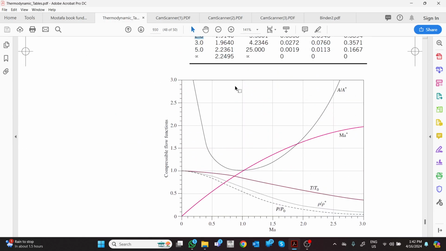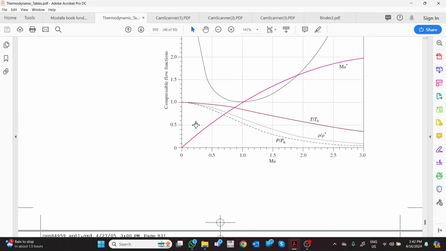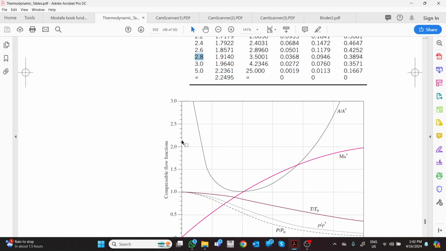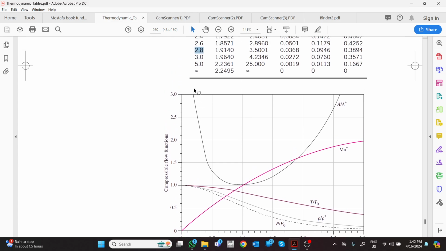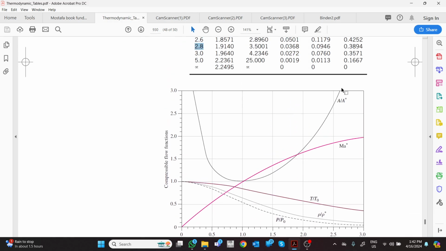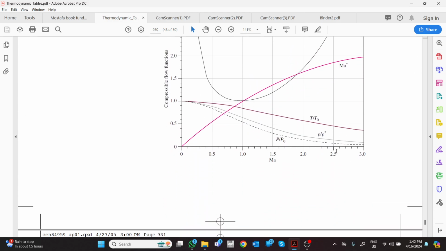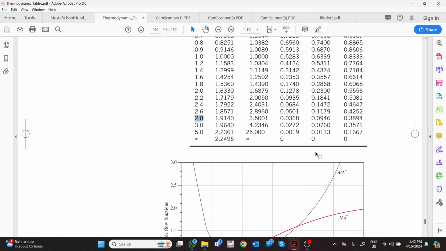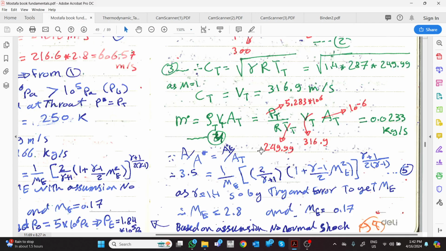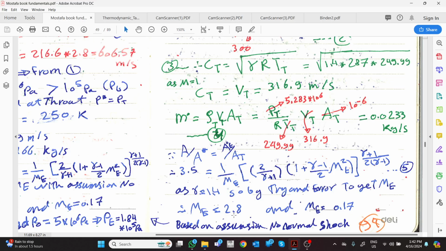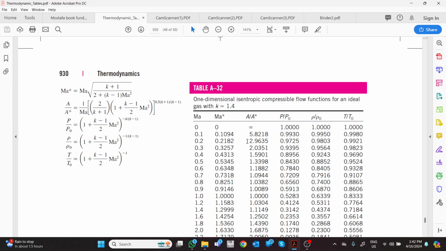Or we can use the graph of area over area, where 3.5 is not available, so it goes like this. It is 2.8, but the graph is not exact, so use the table. Okay, when you check Mach number 2.8 or 0.17, 2.5.